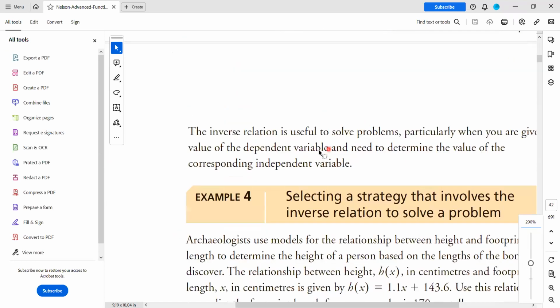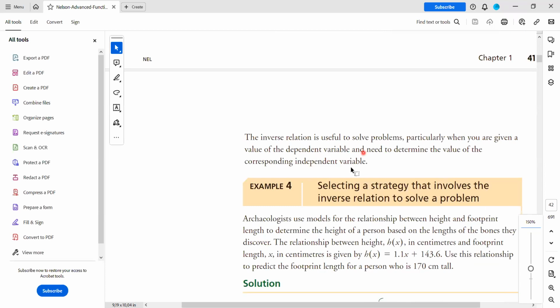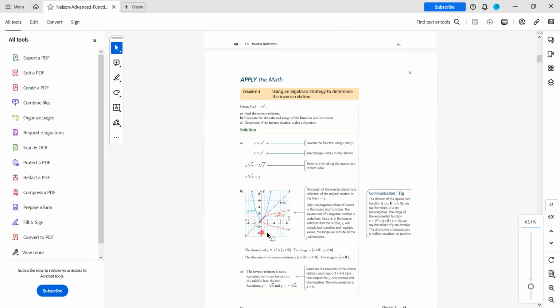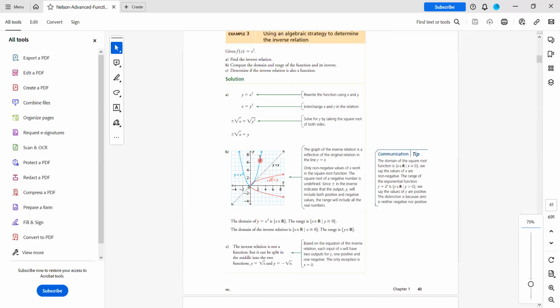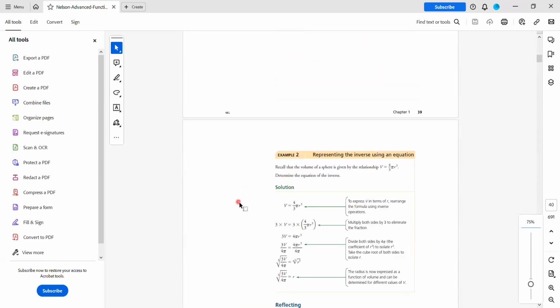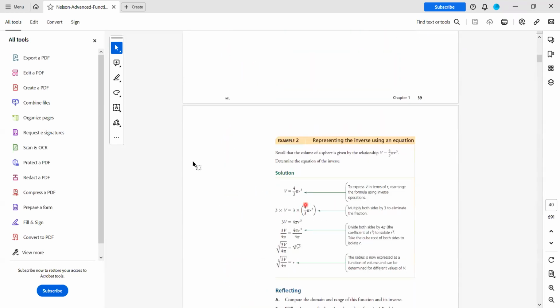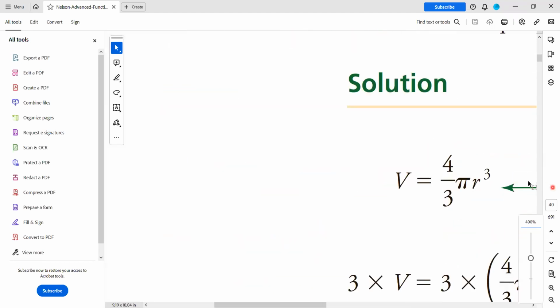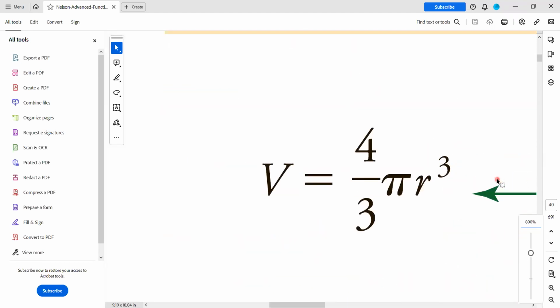The inverse relation is useful to solve problems, particularly when you are given a value of the dependent variable and need to determine the value of the corresponding independent variable, right? For example, imagine if in the previous example with volume, your boss says to you, okay, we need a spherical container for candies.